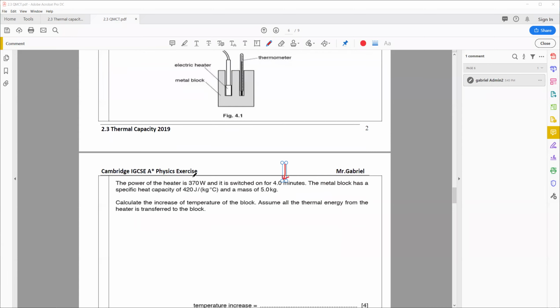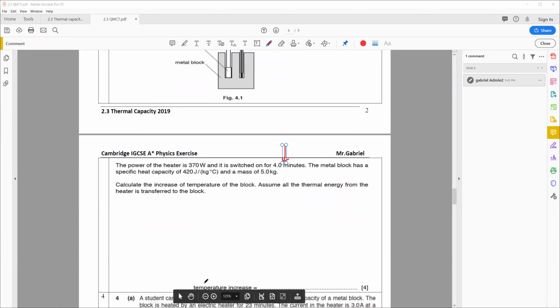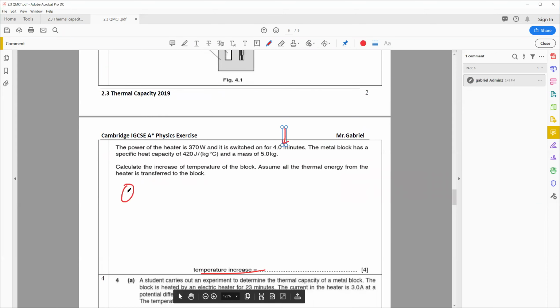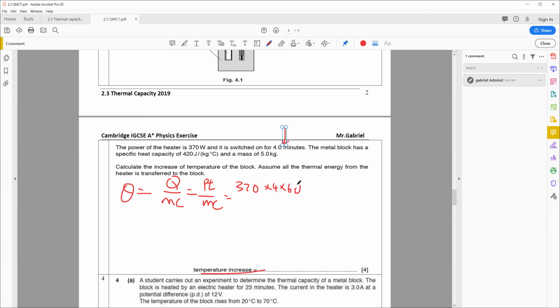So basically, if you identify all your information here, you're looking for temperature change, which is equals to delta theta. Delta theta would be Q over mc, right? You don't have energy, so it's going to be power times time is equals to mc delta theta. From here, it's just 370 multiplied by 4 times 60, because it is always in seconds.